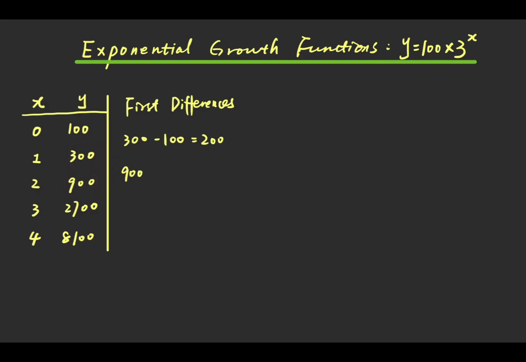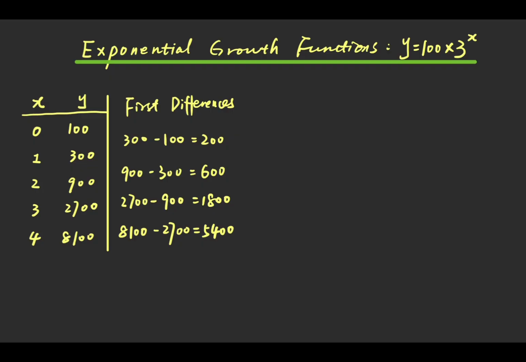That is to say, 900 minus 300, it will be 600. Go on. You use this one to subtract this one, you will get 1,800. 8,100 minus 2,700, you will get the corresponding first difference. It will be 5,400.